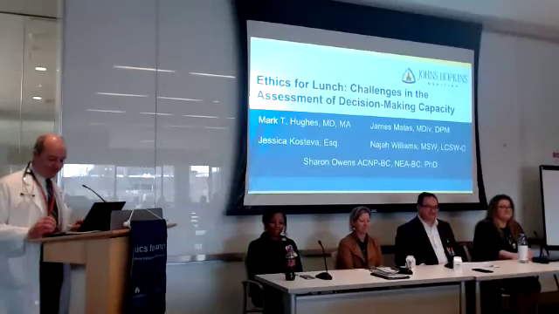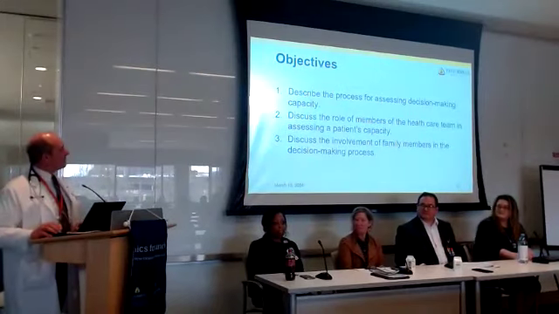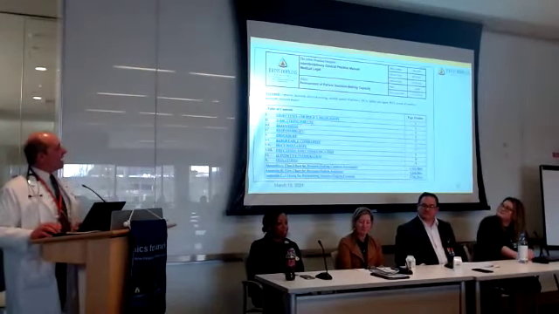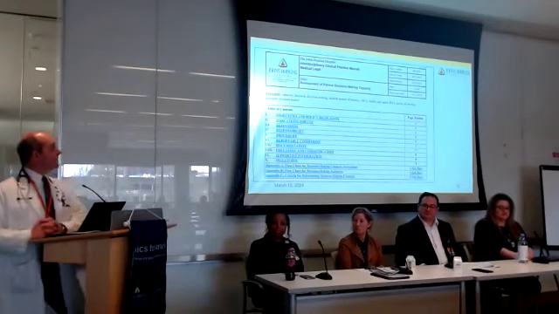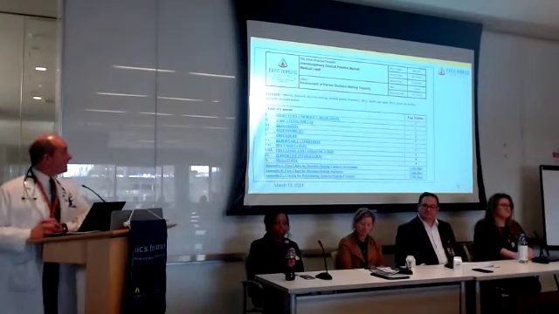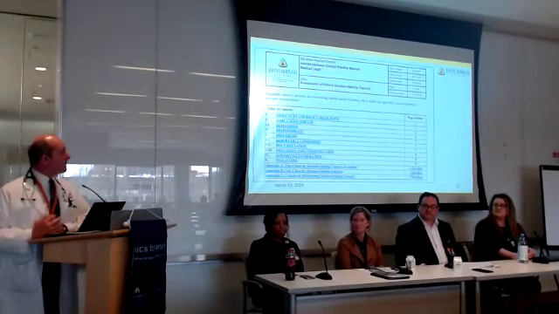Okay, great. So we've already talked about our objectives, and I want to point out that we do have a hospital policy on assessment of decision-making by patients. So we might refer to some excerpts of this in this presentation.